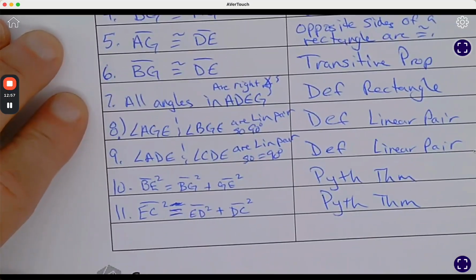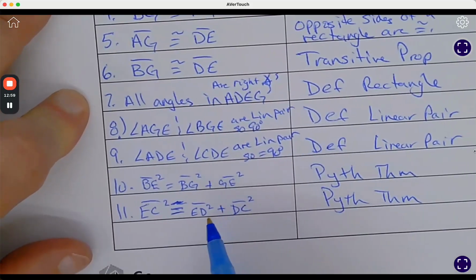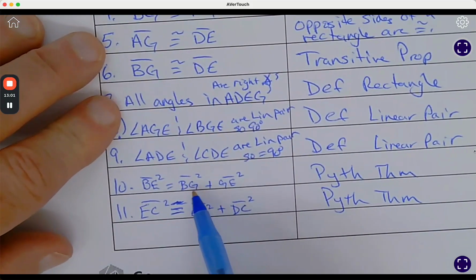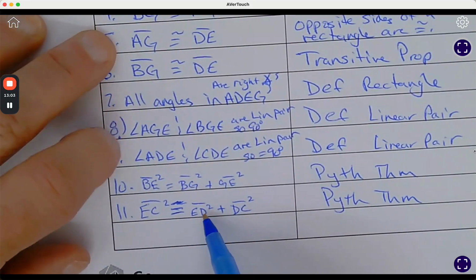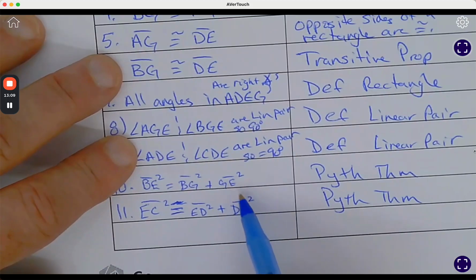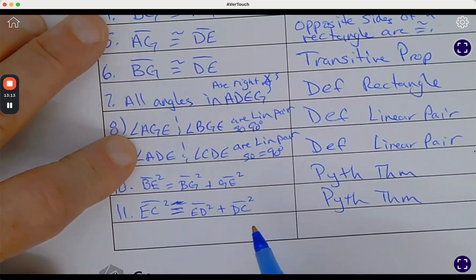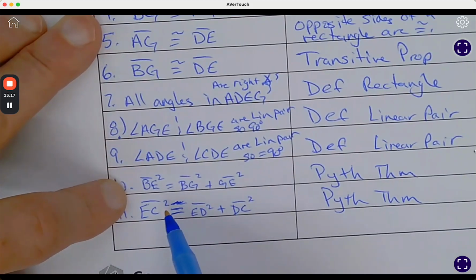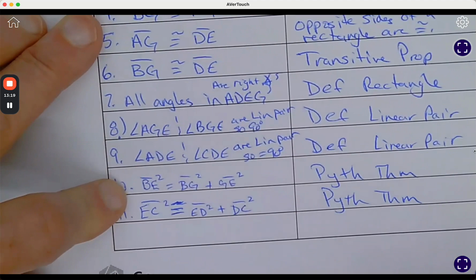Okay, so what do I know? Well, don't I know by up here that BG and DE are congruent? And don't I also know that GE and DC are congruent? Hold on. GE, no, I don't know that. BE and EC are congruent, right?